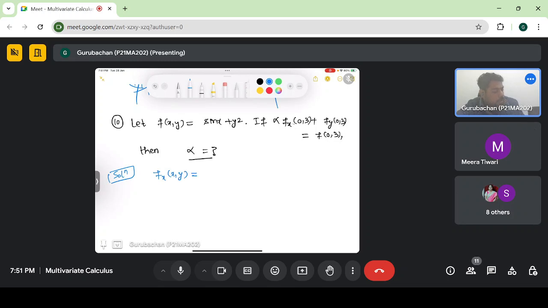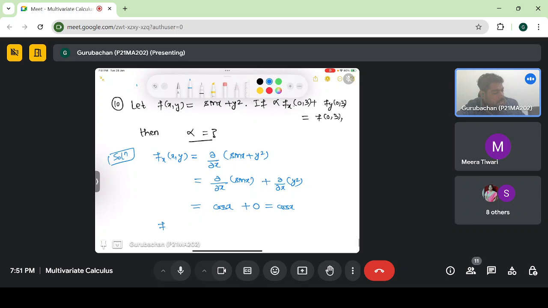Del over del x of sin x plus y square, by the algebra of differentiation. The differentiation of sin x is cos x, and y square is treated as constant, so 0. It will come out to be cos x, and fx at (0,3) will be 1.